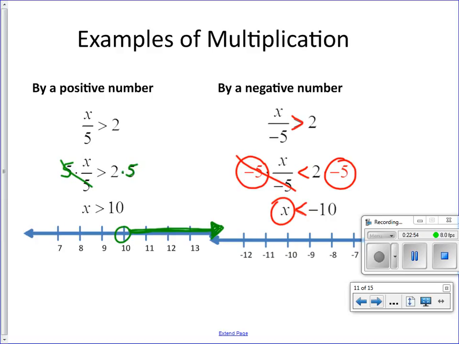All right, and so we're applying what we know to be true with simple numbers to algebraic expressions where we have a variable in them. And then of course 2 times negative 5 is negative 10. So to graph our expression, open circle at negative 10, since negative 10 is not a solution, and then an arrow to the left.